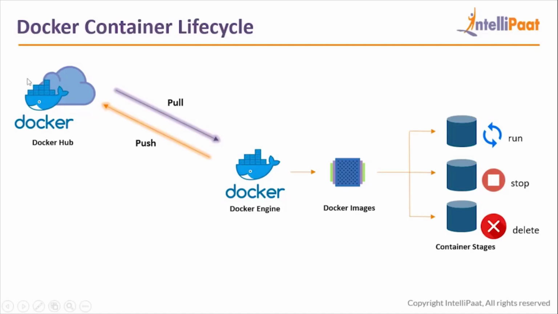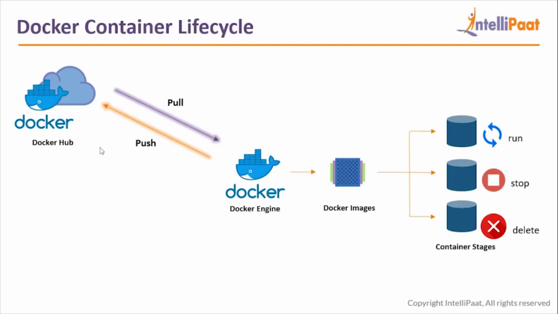And similarly, in Docker, we have something called Docker Hub. Docker Hub contains all the open source container images that are present. For example, I told you that you could run a container on Ubuntu, on CentOS, on Alpine, or on some other operating system. All of that is present on Docker Hub.